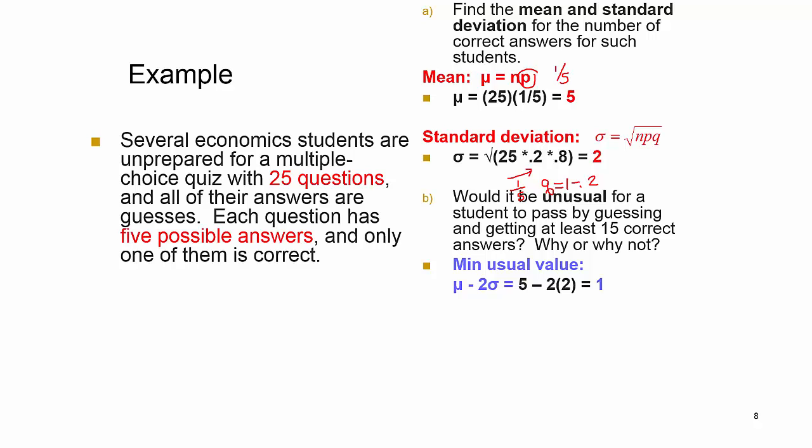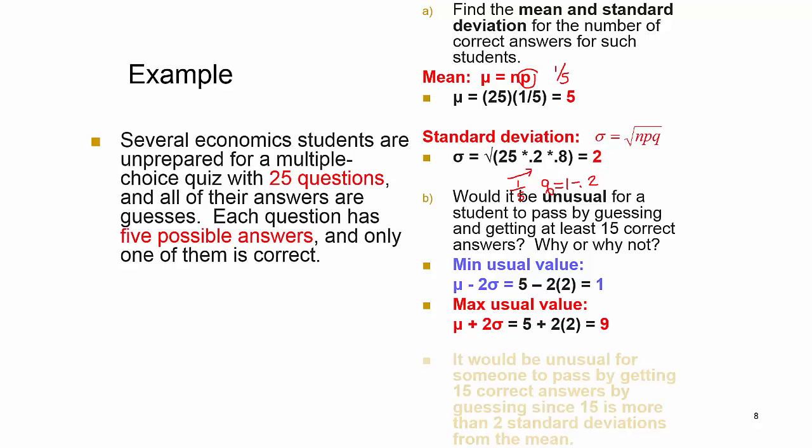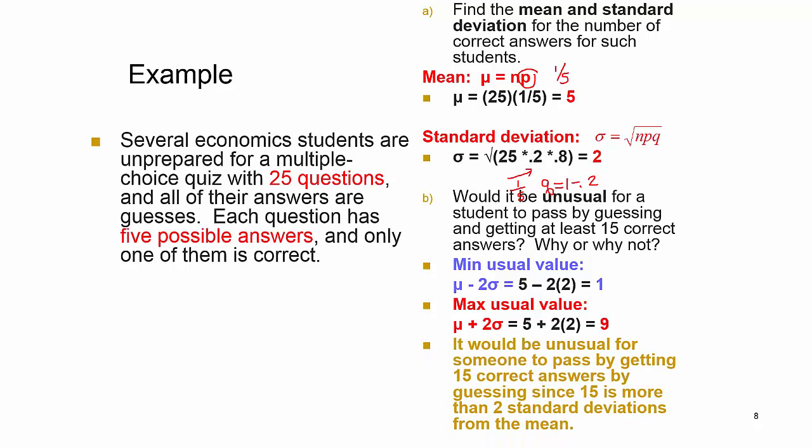So we would expect one question correct would be the minimum usual correct guessing. Maximum usual value is the mean plus 2 standard deviations, or 5 plus 2 times 2 is 9. So the maximum usual value of questions to guess correctly would be 9. So it would be unusual for someone to pass by getting 15 correct answers, since 15 is more than 2 standard deviations from the mean.